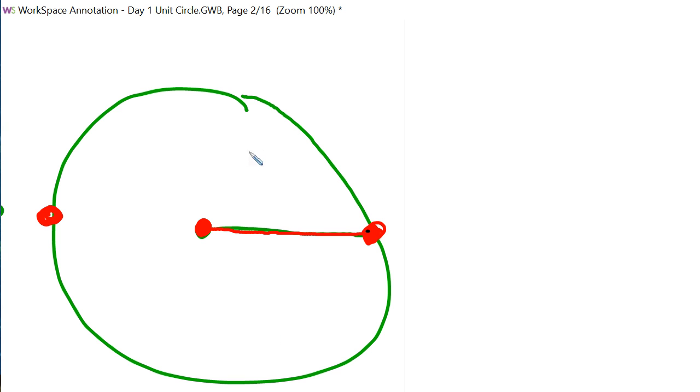You're going to start your string right here, and align your string on the circle. Once you get to the end of the string, mark where it ends, then put your string back on it, mark where it ends, etc. Let me show you what I mean.